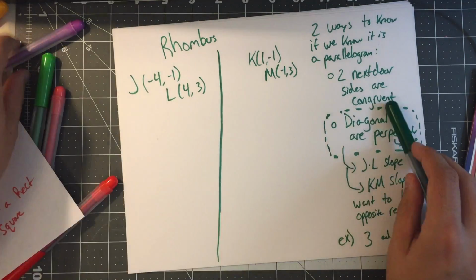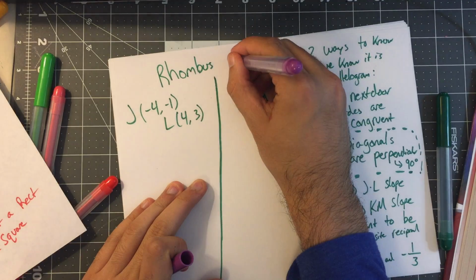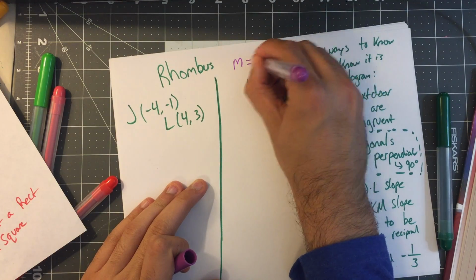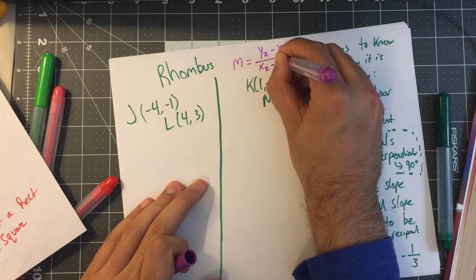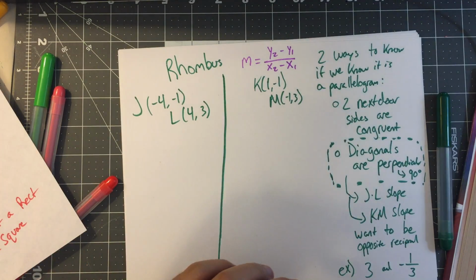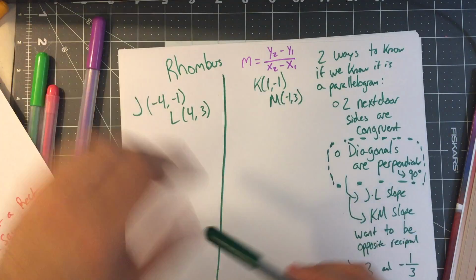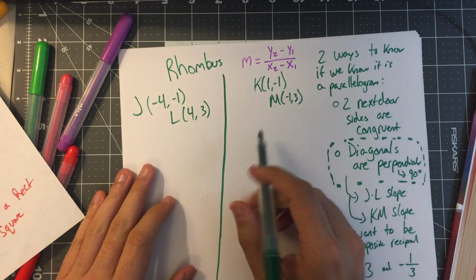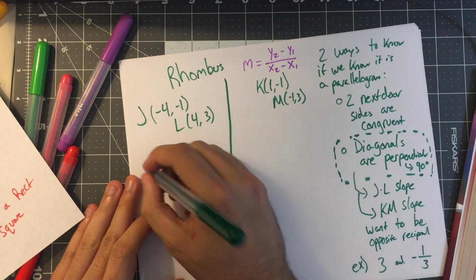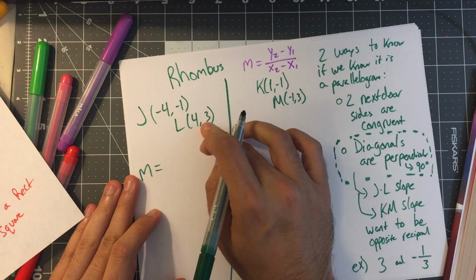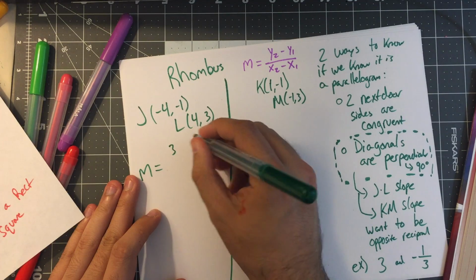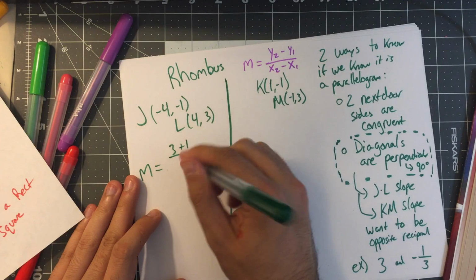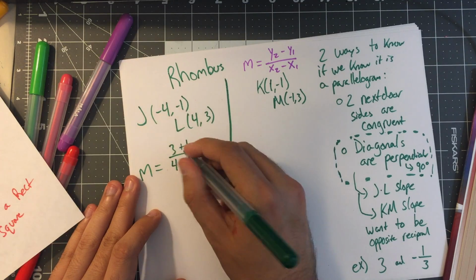Let's write the slope equation for those of you who do not remember it. Okay, there's the slope equation. So the slope of JL is going to be, I'll say 3 minus -1 is +1 over 4 minus -4 is +4.